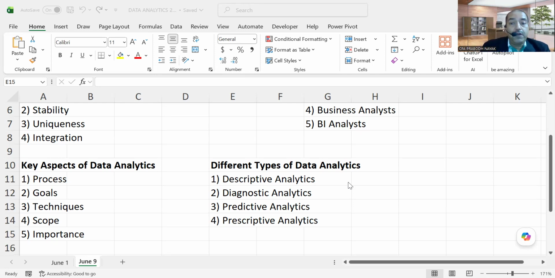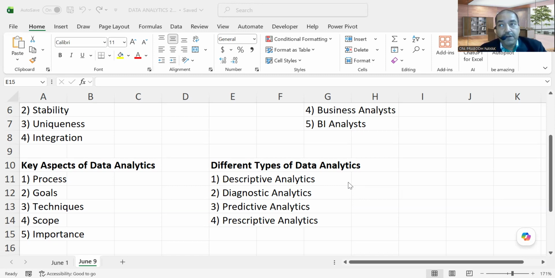Why was the sales falling? In spite of efforts taken, in spite of marketing being done, advertising, marketing, और जोरों से किया, लेकिन फिर भी रेवेन्यू कम हुआ, सेल्स गिर गया. So what is the reason for that? Why did it happen? The cause, that is diagnostic analytics.